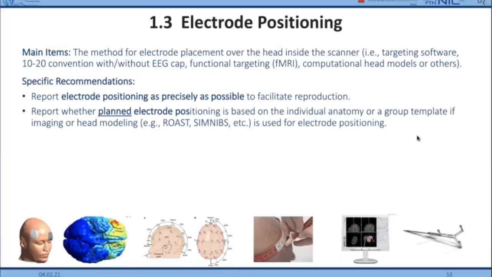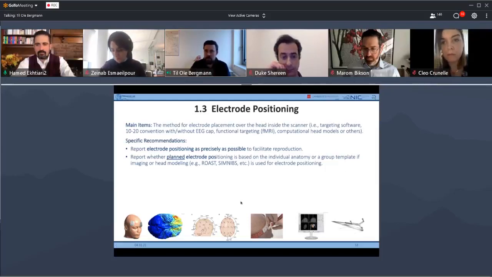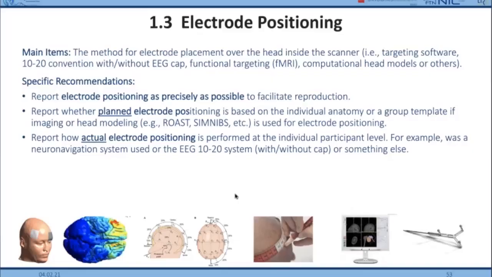So we might plan very specifically using individual head modeling and E-field modeling with the rows to SIMNIBS. And it's also important then to show how those electrodes would ideally be located. Next. But then it's also the actual way of positioning them. And if you first do all the modeling and then you just stick it somewhere on the head, then everything is lost.